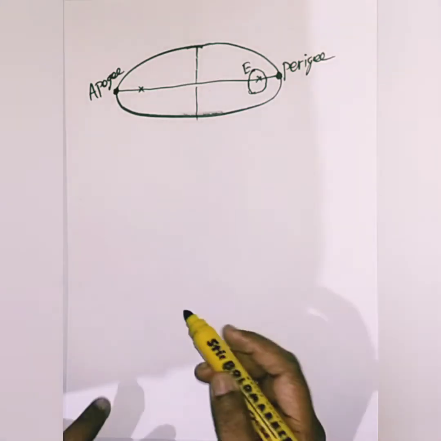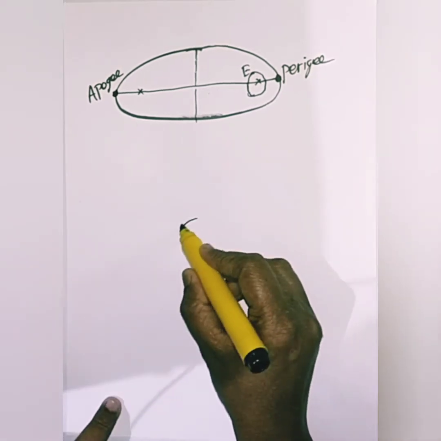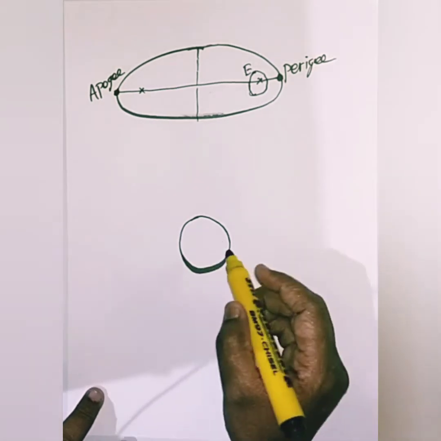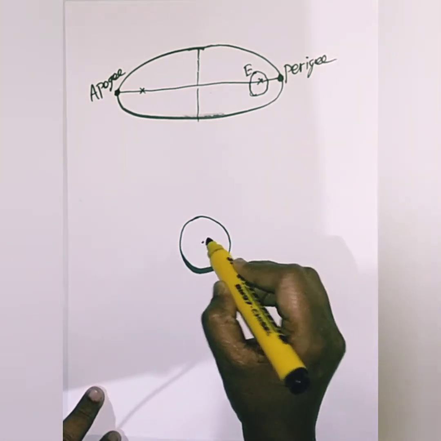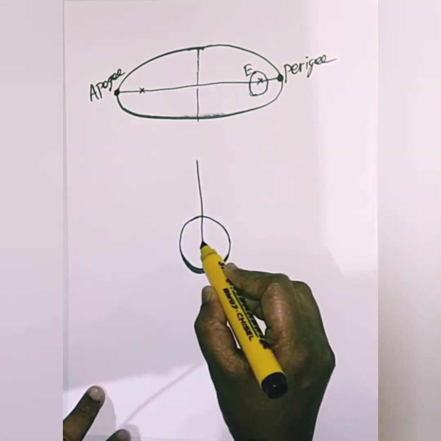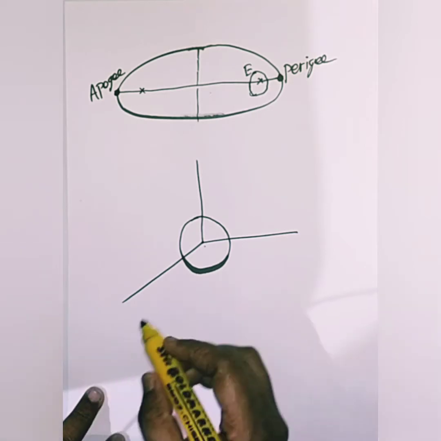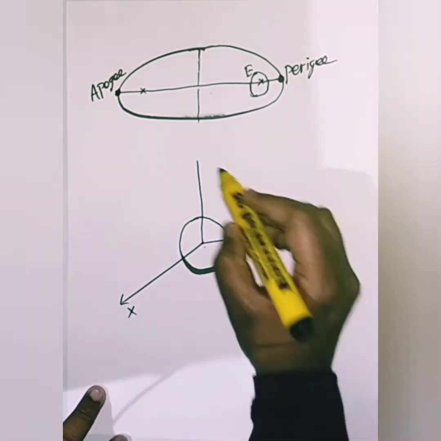The next parameter. Let us assume this is Earth. This is the x-axis, this one is the y-axis, and this one is the z-axis.